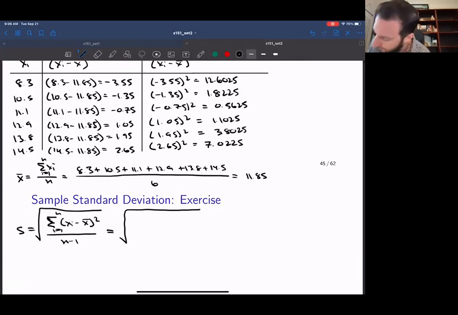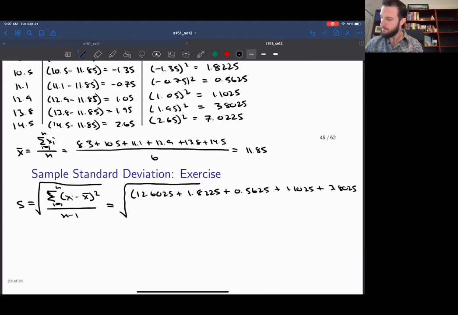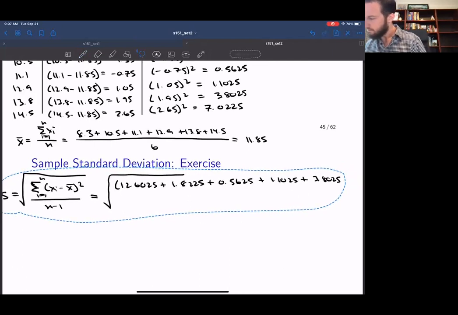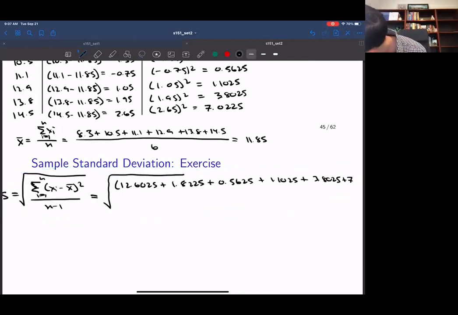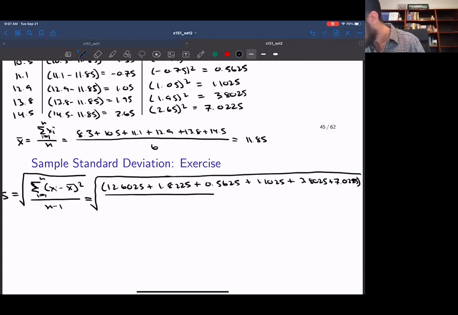So what we have here is 12.6025 plus 1.8225 plus 0.5625 plus 1.1025 plus 3.8025 plus 7.0225, divided by 6 minus 1.